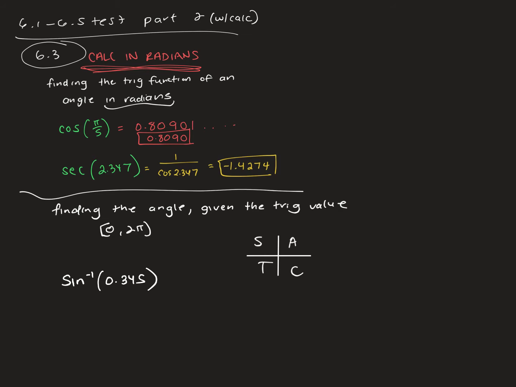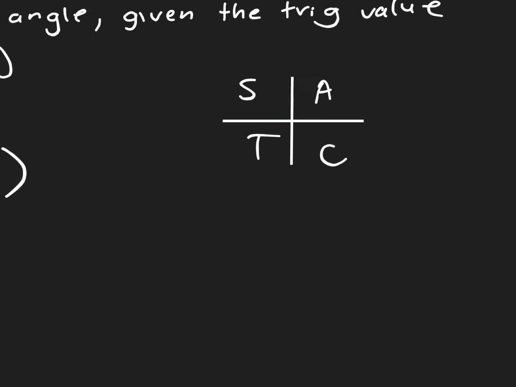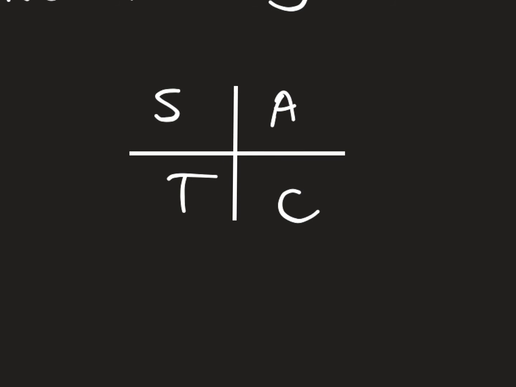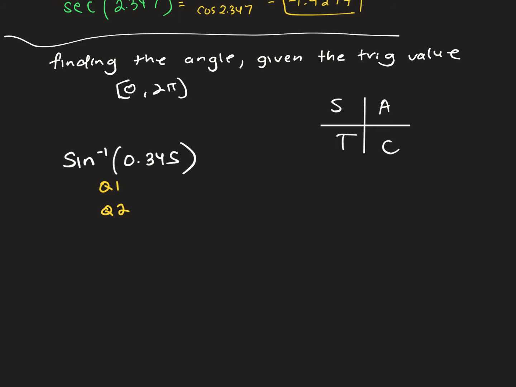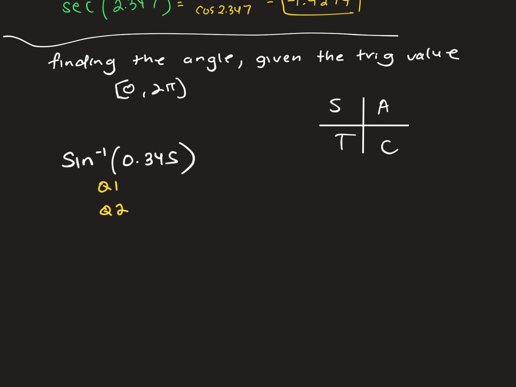So the very first thing I'm going to do is figure out what quadrants this value would lie in. Sine positive means that this is going to be in quadrant 1 and in quadrant 2, because that's where sine is positive. Why, if it was -0.345, would it be where sine is negative? Yep. Even though it says sine -1, the negative 1 just means I'm giving you the trig value, you have to give me the angle.